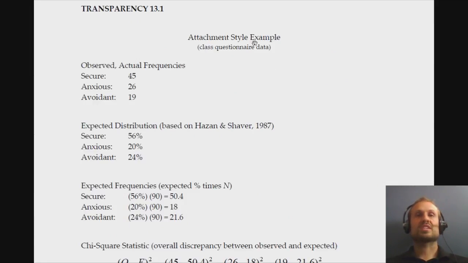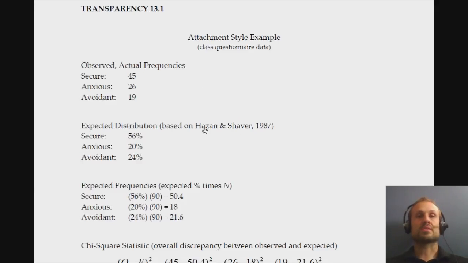So we have our attachment style example, where it comes from a questionnaire from students, like in a psychology class, where we observe the type of attachments. And I have only 3 categories in this case: secure, anxious, and avoidant. So these were the actual frequencies that I observed in my sample.